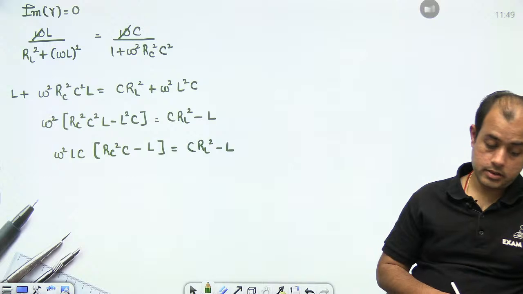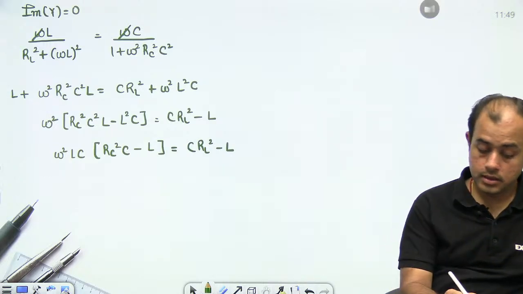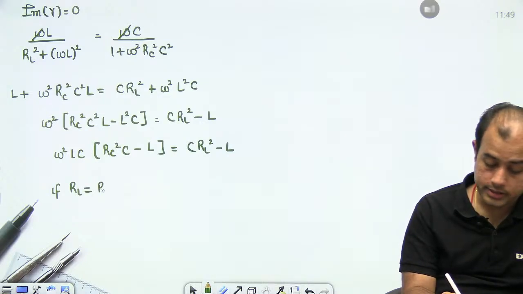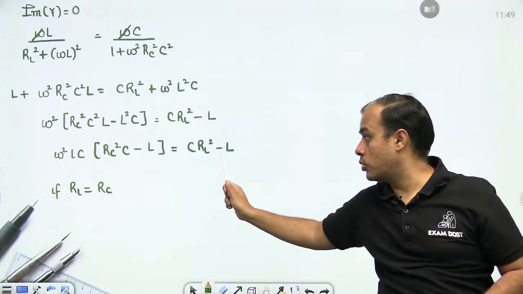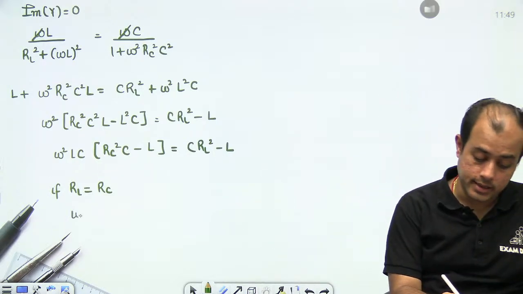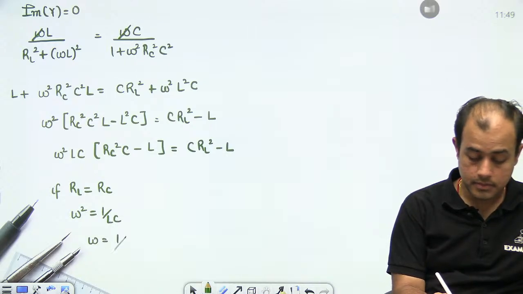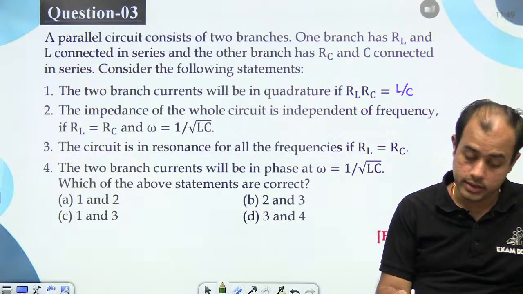L plus omega square. Now if RL equal to RC, these two terms will get cancelled out. Omega square is 1 by LC, 1 by root LC, so resonance has come.